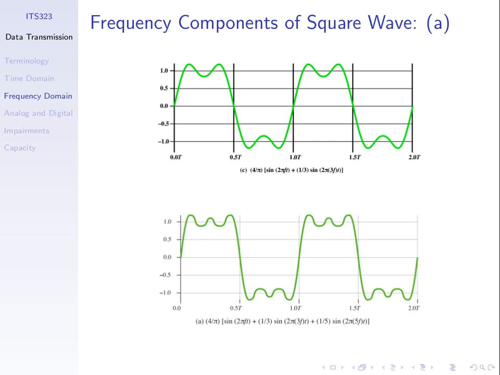What's the period of signal A? If the frequency is 1,000 hertz, the period is 1 over 1,000.